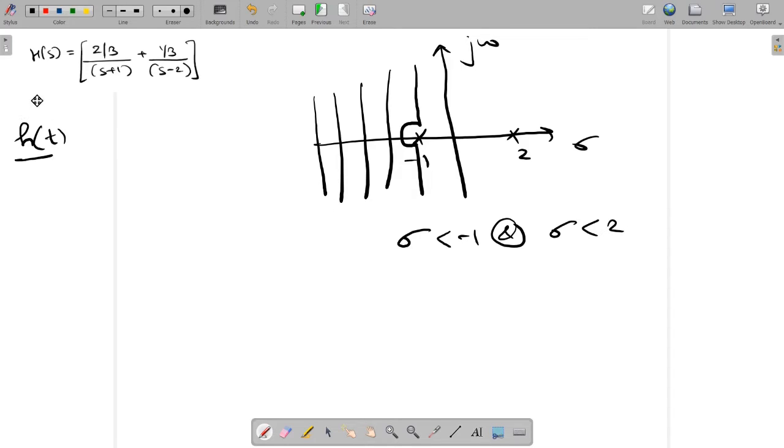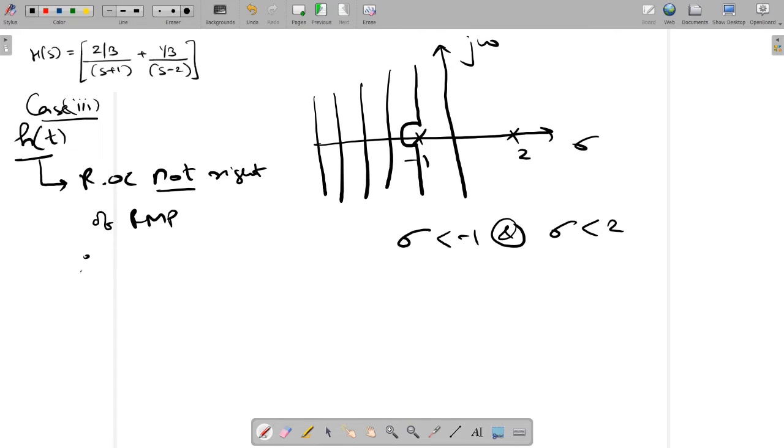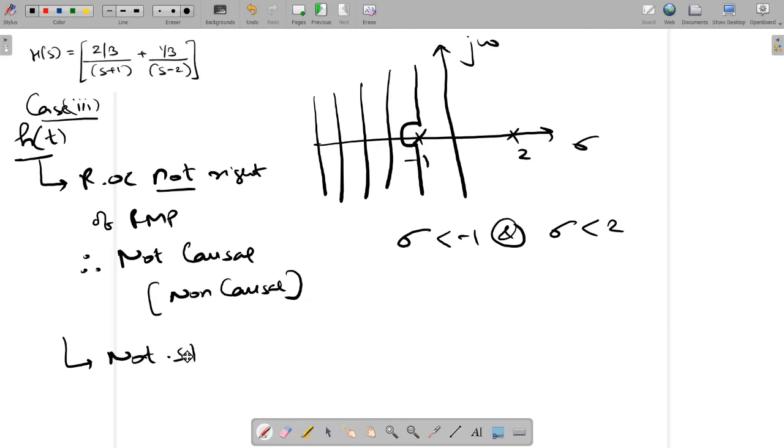So for case 3, the ROC is not to the right of the rightmost pole, therefore not causal. It is non-causal because the signal will be entirely on the left-hand side. Is it stable? Not stable, because the ROC does not have the j omega axis.